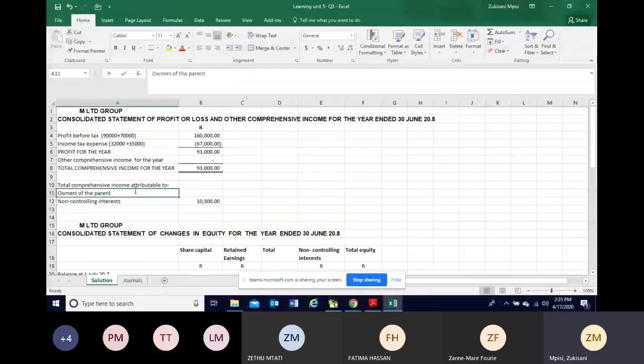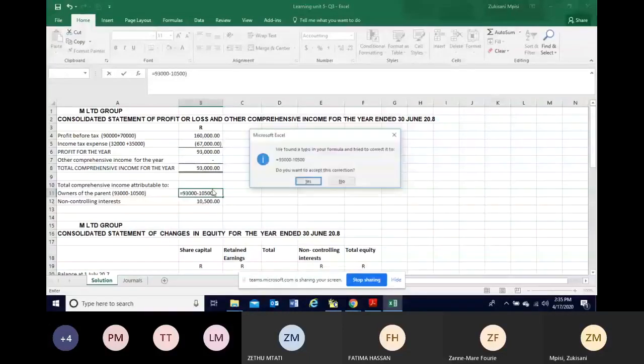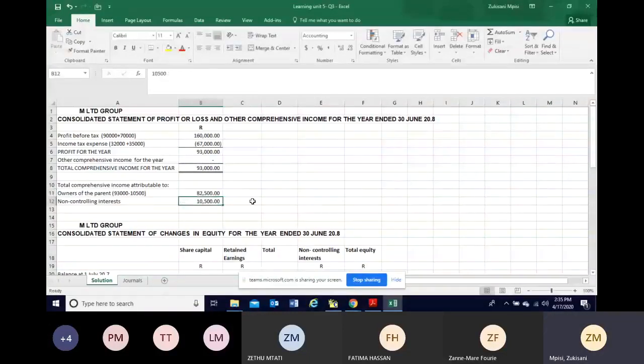Now for the owner's part, it makes it easy, we just say 93,000 minus 10,500, and then we immediately have the amount, which is 82,500.